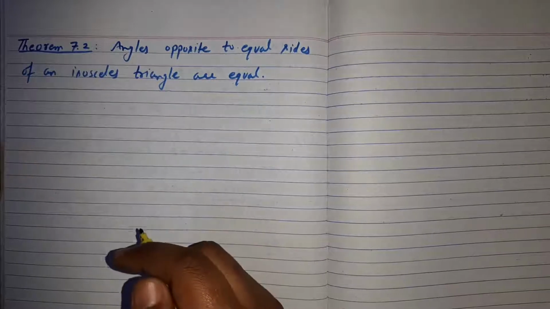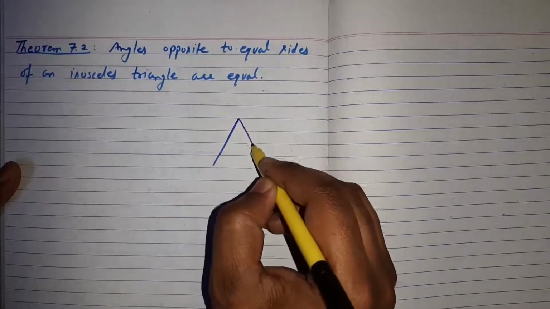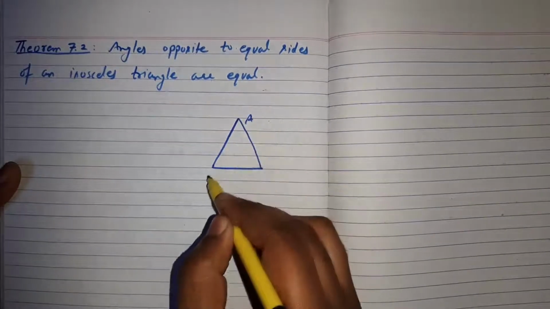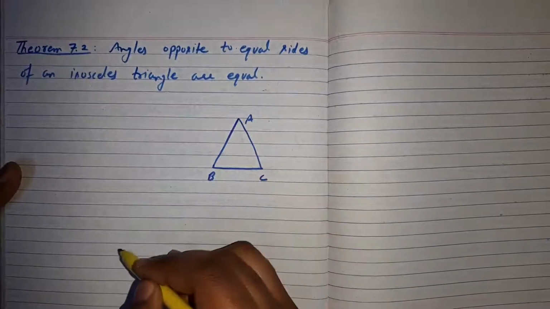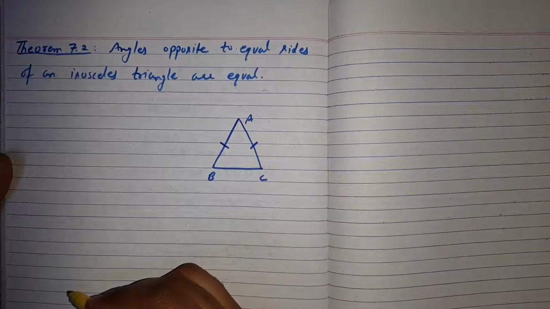Now theorem 7.2: angles opposite to equal sides of an isosceles triangle are equal. Suppose ABC is an isosceles triangle in which AB is equal to AC are given.